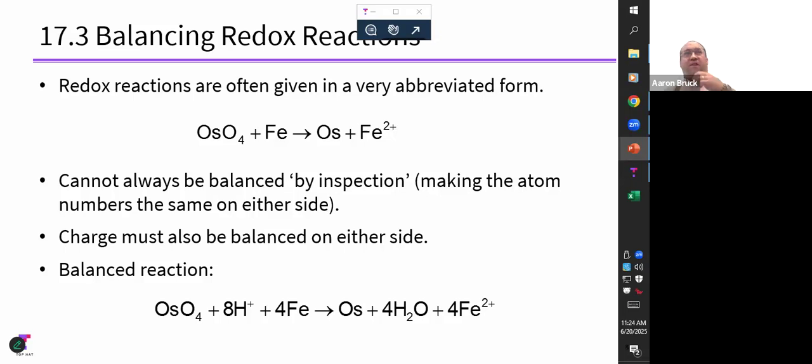Redox reactions can often get pretty complicated, where we end up seeing that some redox reactions occur only in acid, some redox reactions occur only in base, and because of that, we end up having reactions where we've got hydrogen ions or hydroxide ions or water molecules that are just kind of messing around in the entire scope of things.